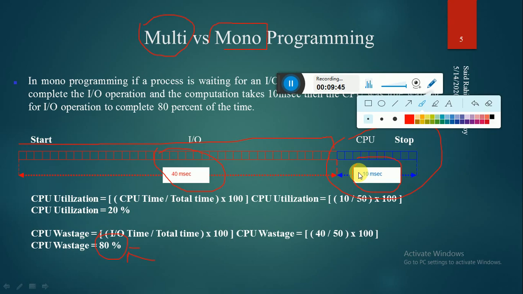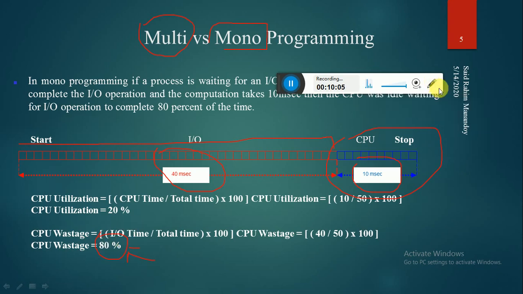We need to utilize its maximum capacity. Now in a mono programming operating system, because you can run only a single program, you cannot run another program at this point. That's why if you run this program, 80% time of a CPU will be wasted.